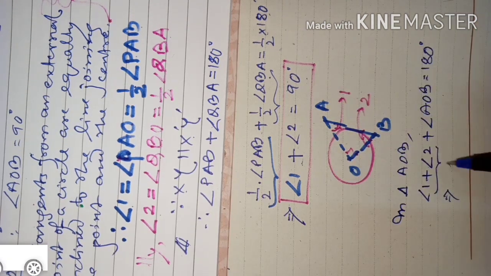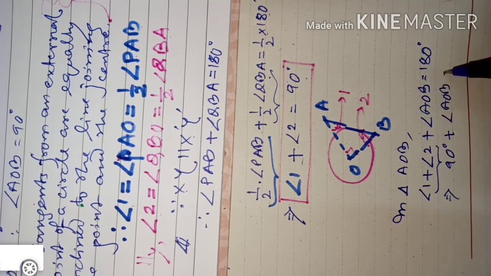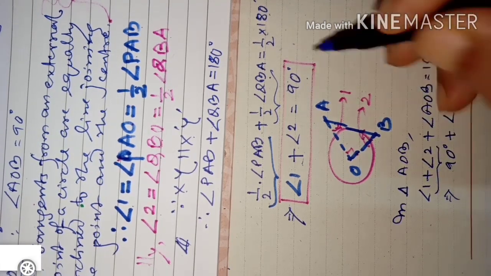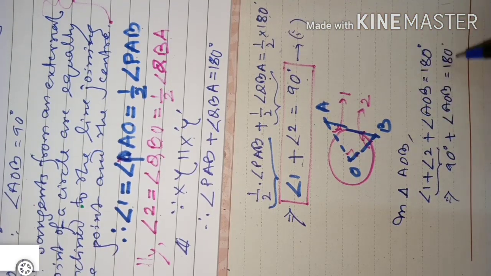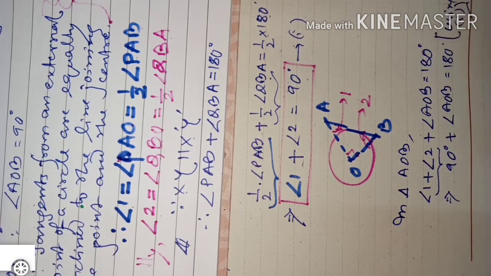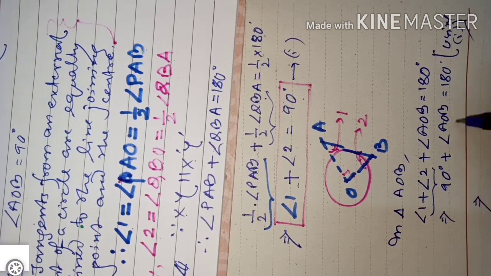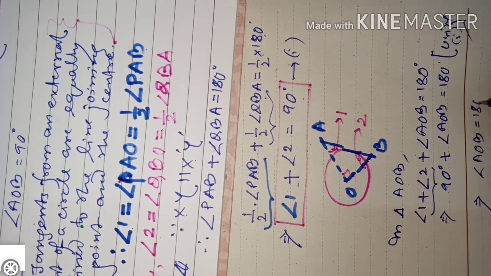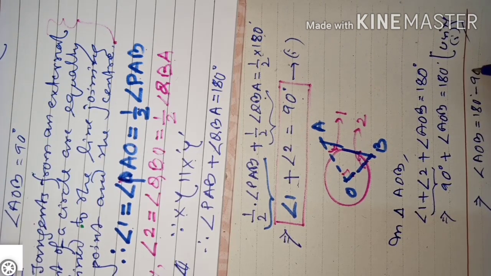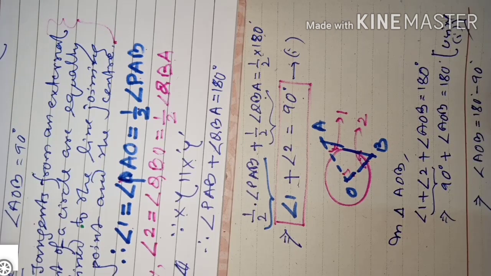Use it here: 90 degrees plus angle AOB is equal to 180 degrees. You can say this is equation 1. So from here, angle AOB alone is equal to 180 minus 90. Therefore, angle AOB is equal to 90 degrees.